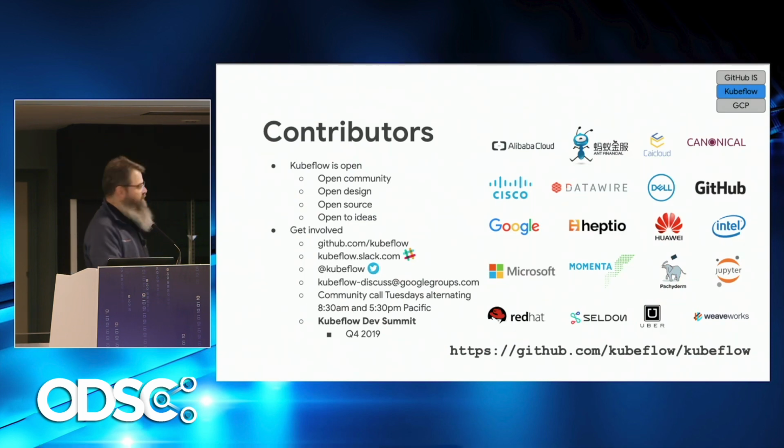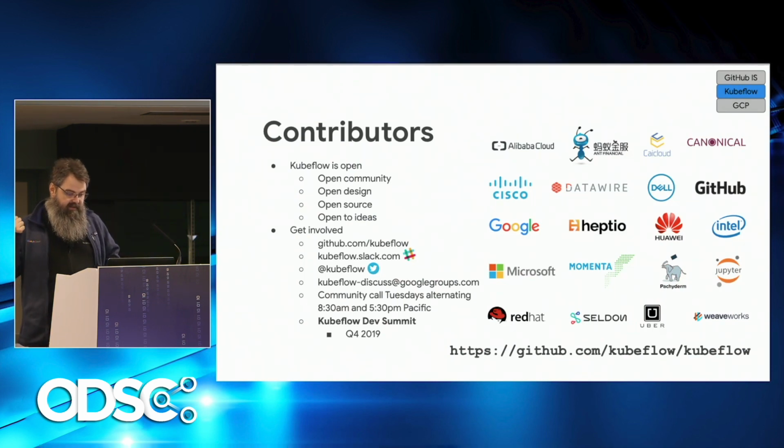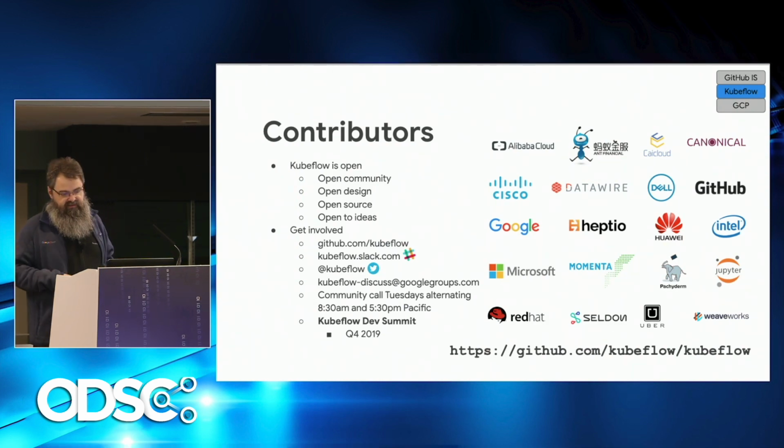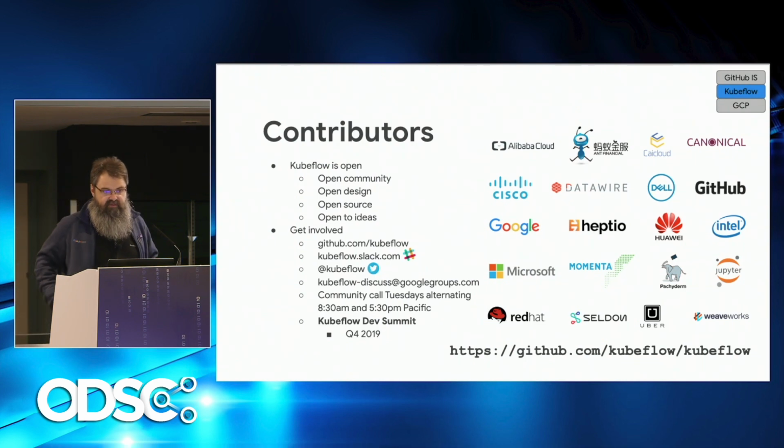The community: Kubeflow is open source. It's a very vibrant community. The current version is 0.6.2, and the goal of the team is to make it enterprise ready, and do it very soon, because clearly there is a need for such a tool.